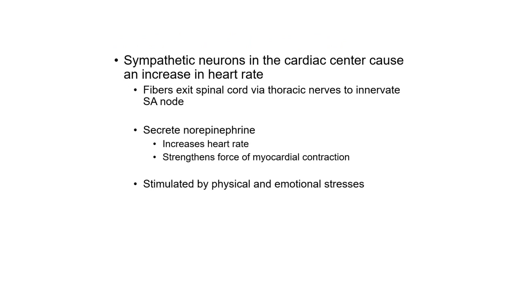So you have studied the nervous system somewhere, and there are neurons that we say are sympathetic neurons, and they are in the cardiac center, and they cause your heart rate to increase. Fibers exit the spinal cord via the thoracic nerves to innervate your SA node.